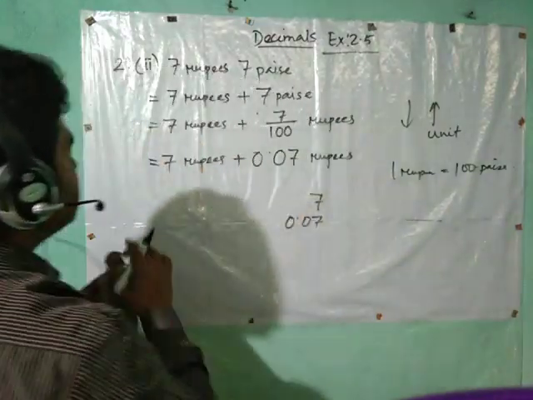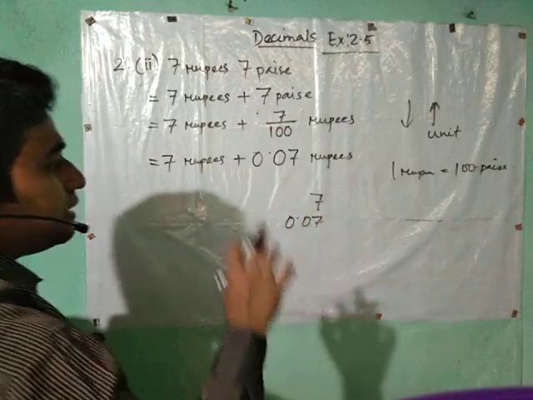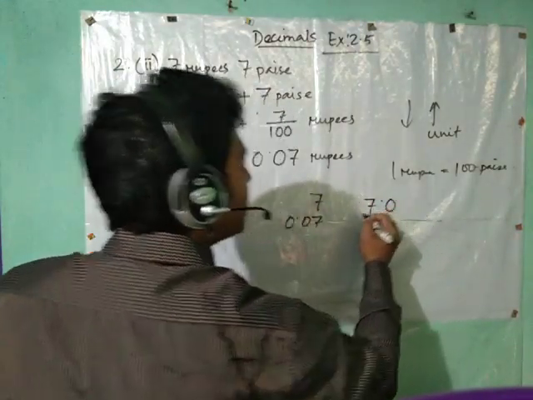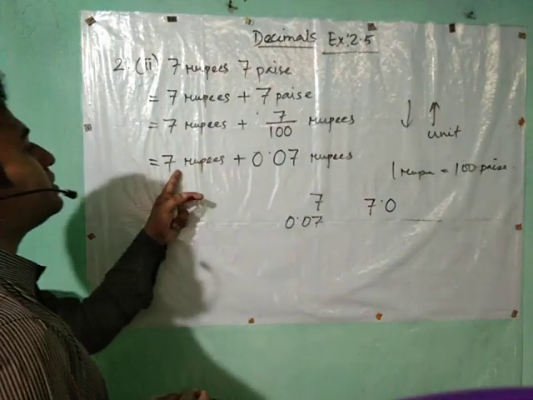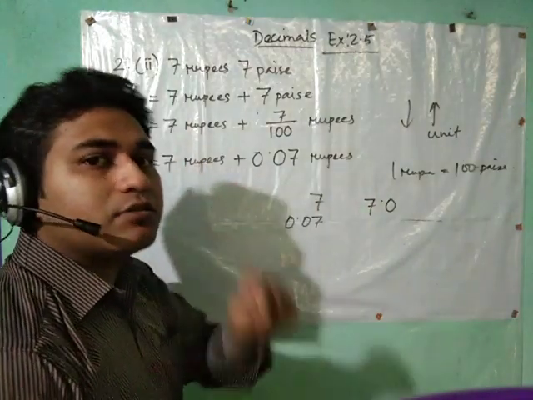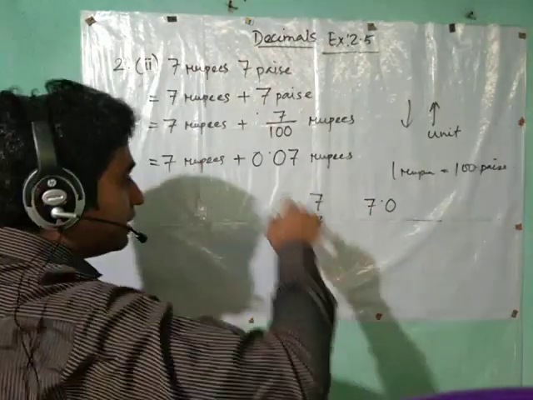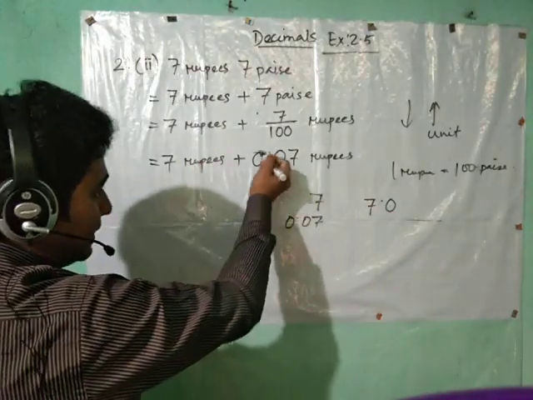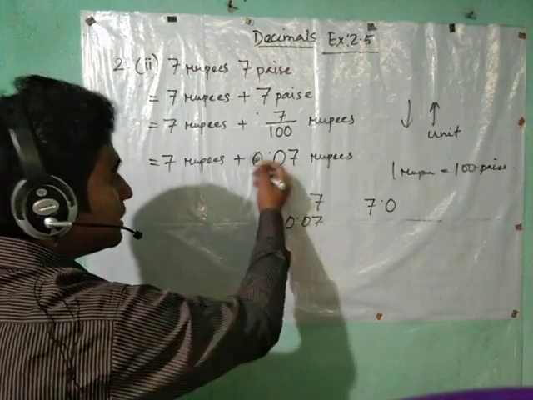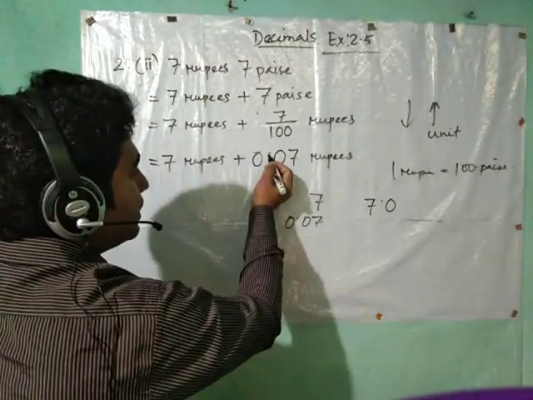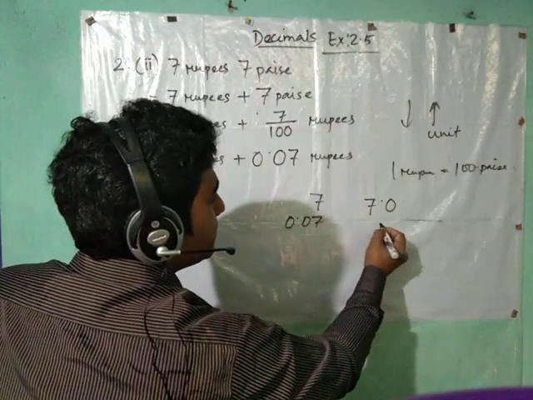Understood? Decimal means 7.0. That means after the 7 there will be a decimal, isn't it? So 7.0 is there.